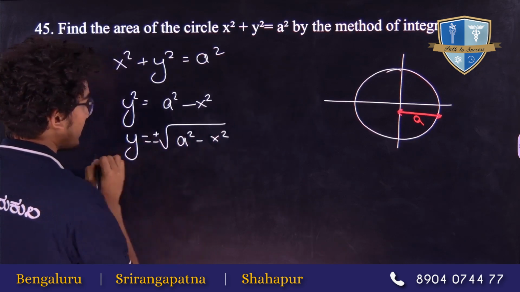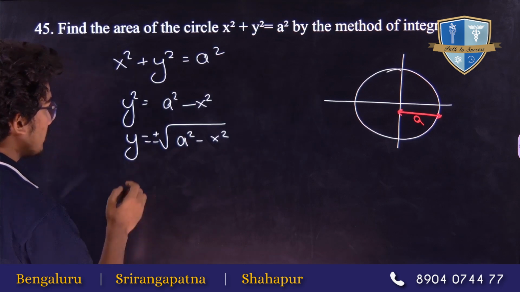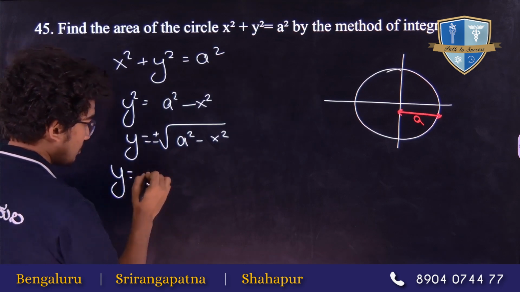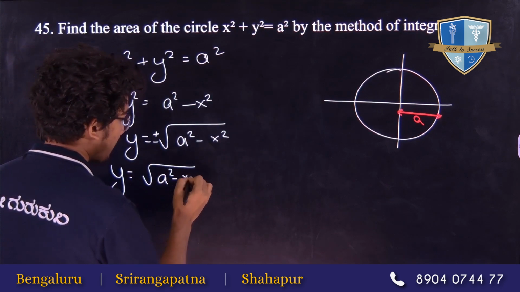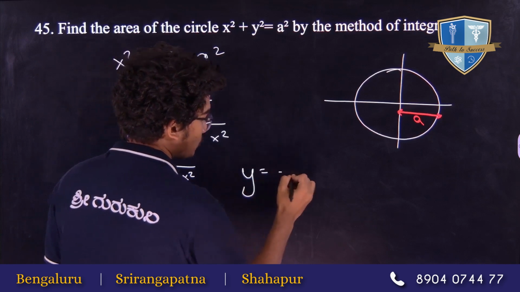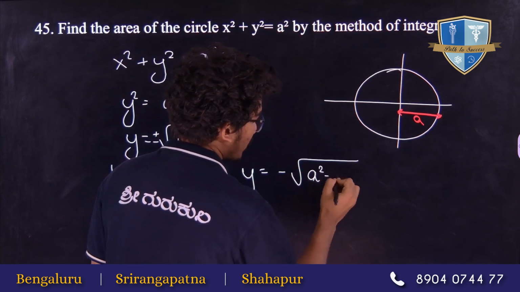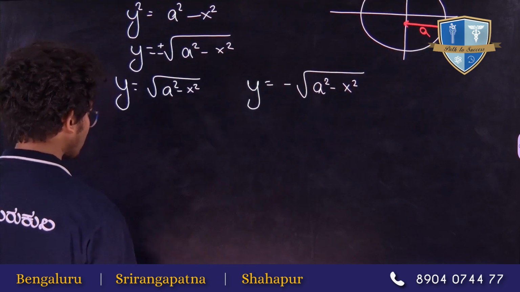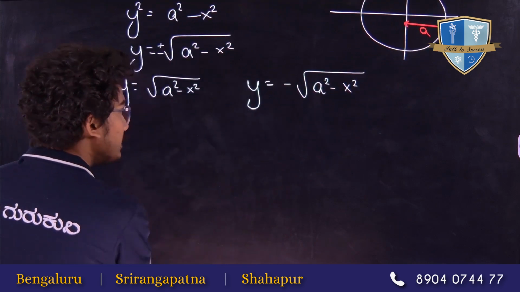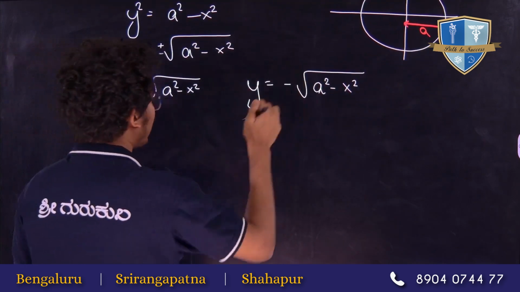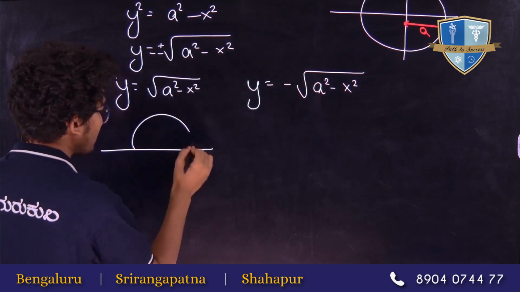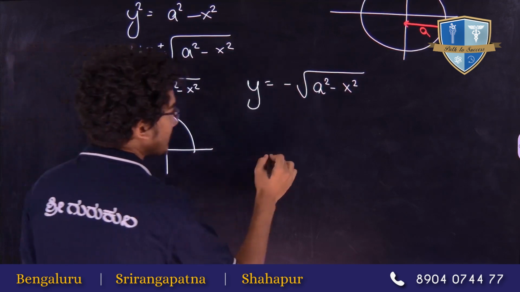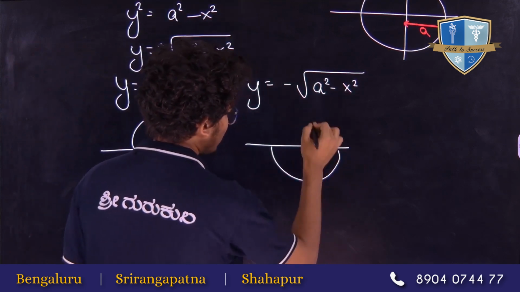Now we have two equations, y equals root of a square minus x square and y equals minus root of a square minus x square. This is the semicircle above the x-axis, and this is the semicircle below the x-axis, correct?